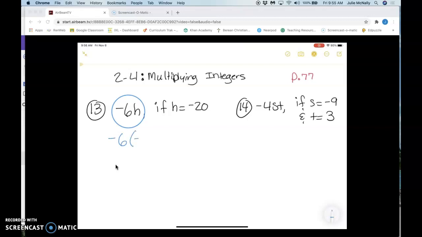So I'm just going to plug in negative 20 where h would have been. Now remember, when two things are next to each other, it means to do what? Multiply. Yes, 2 negatives mean a positive answer. Positive 120. And 6 times 20 is 120. Nice. And that's it.